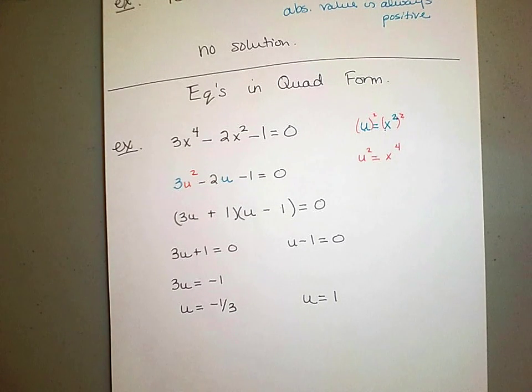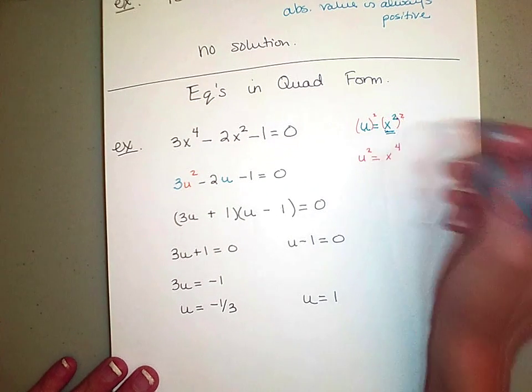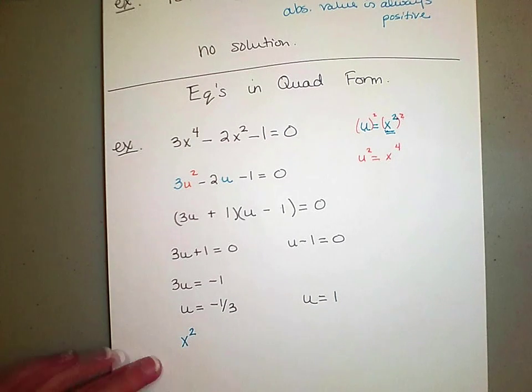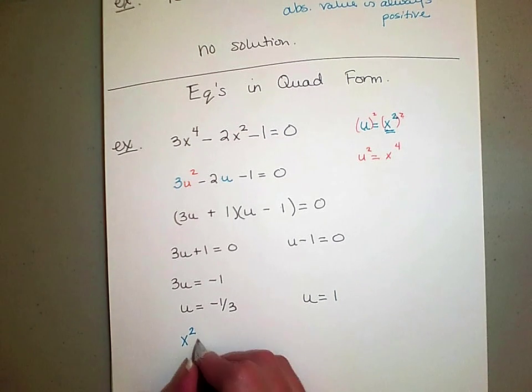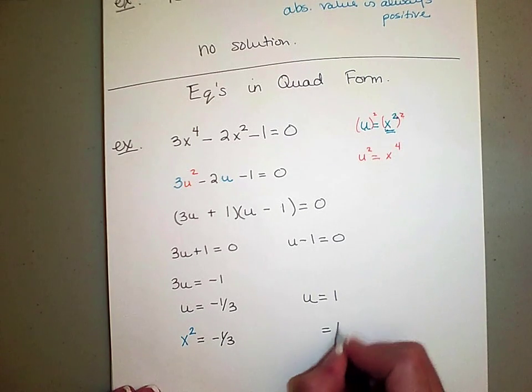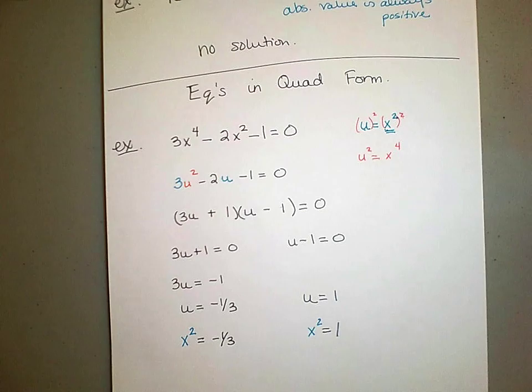So we solved the quadratic equation in u, but we were asked to find what x is. So to do that, we have to back substitute, and we said that u was equal to x squared. So we really have that x squared is equal to negative 1/3, and that x squared is equal to 1.